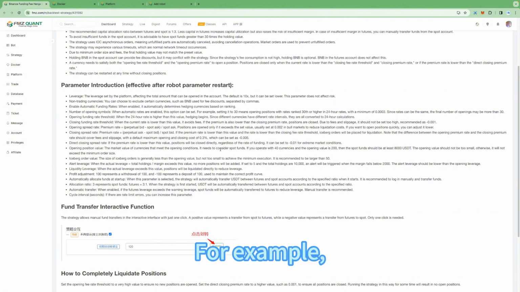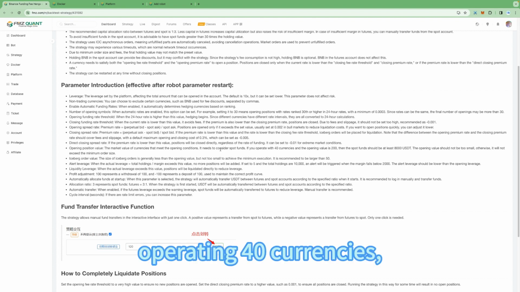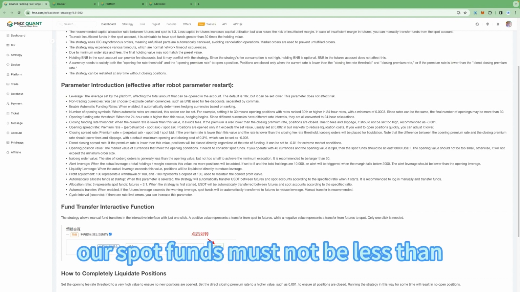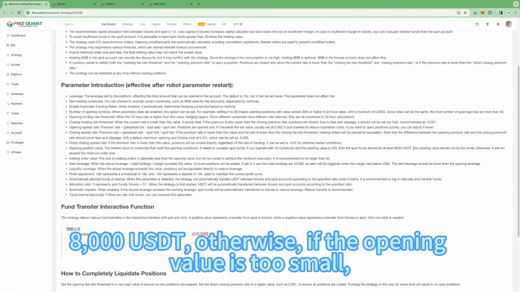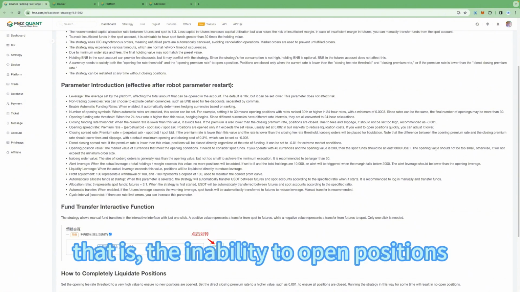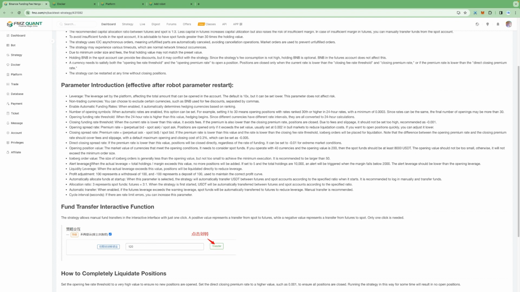For example, when considering spot funds and operating 40 currencies, if we set the opening value to 200, our spot funds must not be less than 8,000 USDT. Otherwise, if the opening value is too small, it may lead to the inability to place orders, that is, the inability to open positions below the minimum order amount.